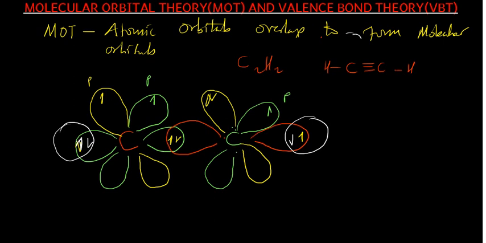Okay, so notice that we have different ones which are not hybridized. Let me show this again in another color. I really want us to see the difference in what is happening.